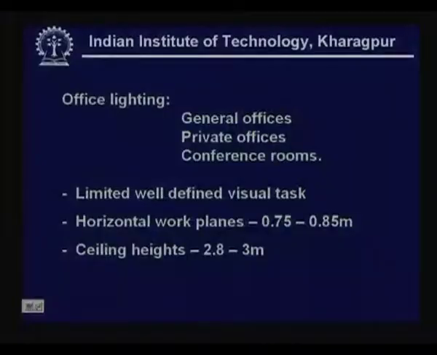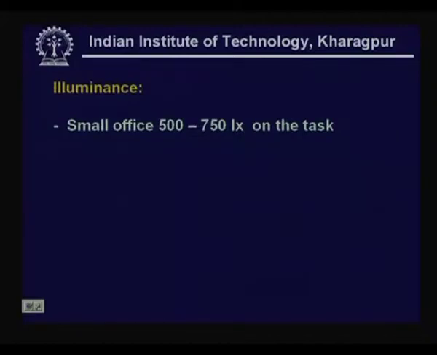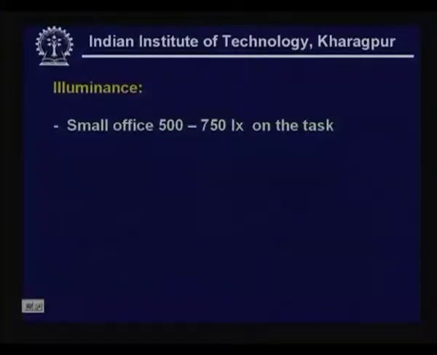All these offices invariably these days have ceiling heights within 2.8 to 3 meters, and therefore, for illuminance levels, a small office may have somewhere between 500 to 750 lux on the task. Depending on the number of tables located in the office, it could have some kind of local lighting on the work tables, with a general lighting of about 300 to 400 lux in the room.